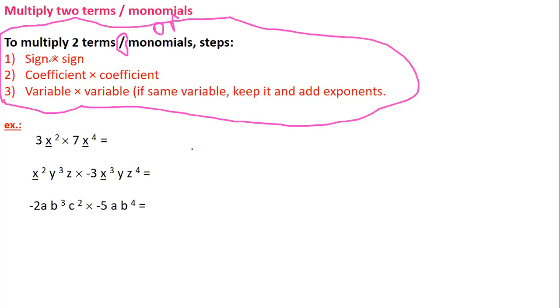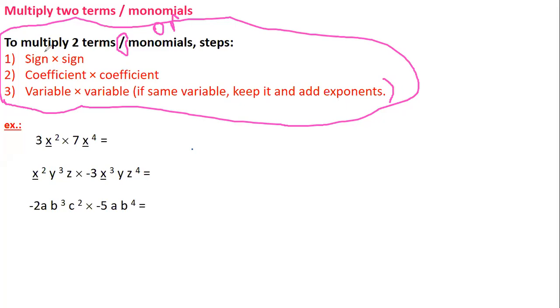Yes. One, sign times sign. Two, coefficient times coefficient. Three, variable times variable: if the same variable, keep it and add exponents. Did we understand the steps? So how do we multiply two monomials? First we start by multiplying sign times sign. Then we multiply coefficient times coefficient. Then we multiply variable times variable. If the variables are different, we keep them as they are.